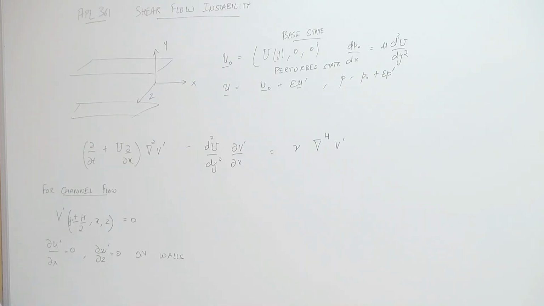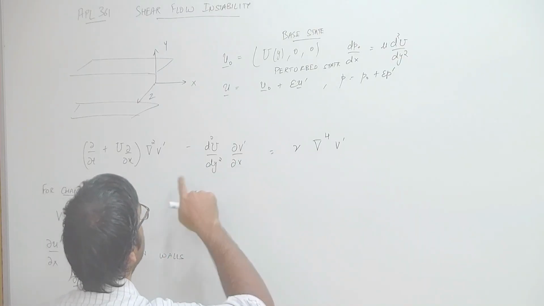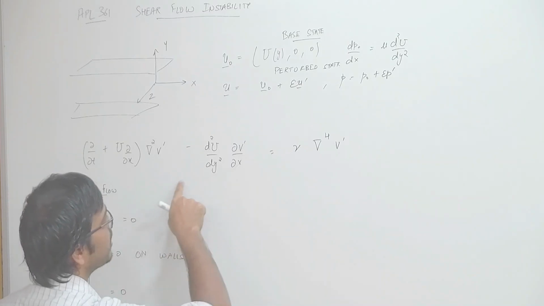It is a value specified at a given y location, you cannot differentiate it in y, but you can differentiate in x and z. So, from this you say that del v prime over del y on the walls is 0. Okay. So, you have four boundary conditions for your fourth order ODE that we had converted this equation to.